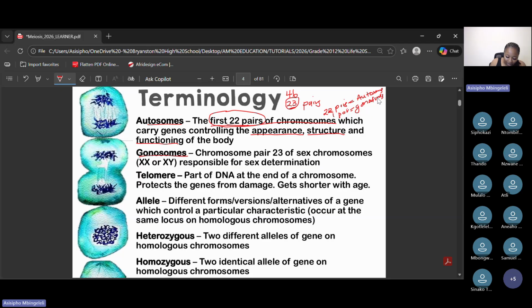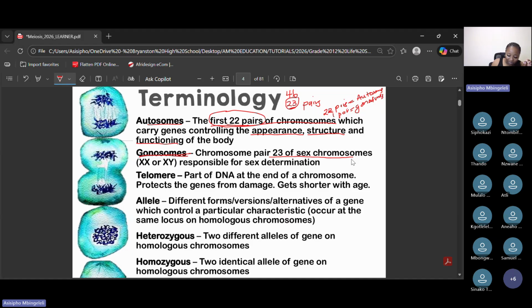Now, this pair of chromosomes, the last pair, is the one that determines our sex, meaning our gender. So chromosome pair number 23 of the sex chromosome is responsible for sex. Now, in this case, when we mean sex determination, we are speaking about gender, boy or girl, male, female.